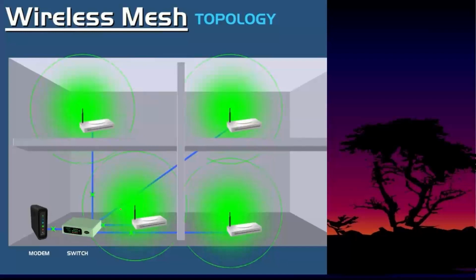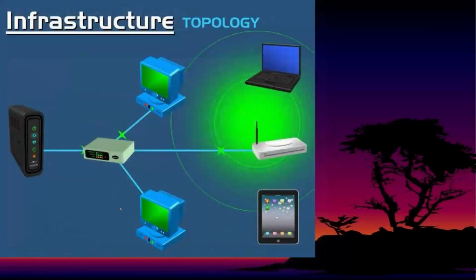This is a very, very common wireless mesh topology. And this infrastructure topology is very common in office areas. You'll have wireless options, you'll have wired options, where you'll have a mix of switches and modems and wireless access points, which can help you to connect from your mobile devices and also from your laptops and desktops, right? This is one example of wireless.